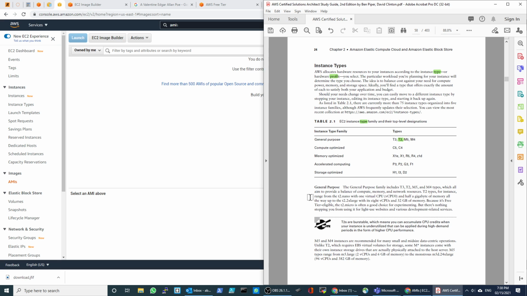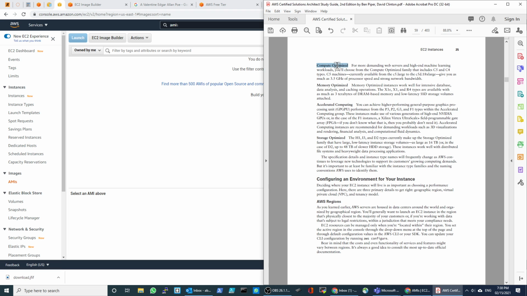All right. So in here they talk a little bit about general purpose. Just read about it. Then they talk about compute optimized, memory optimized, and accelerated computing, where you have the GPU, NVIDIA, and all of that. This is for machine learning, deep learning. Maybe that's what you need to get.